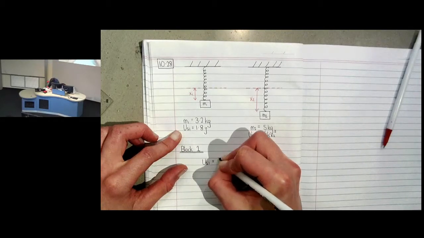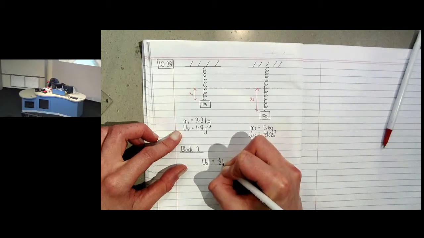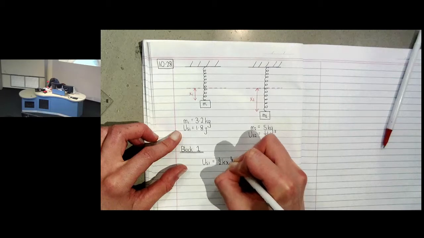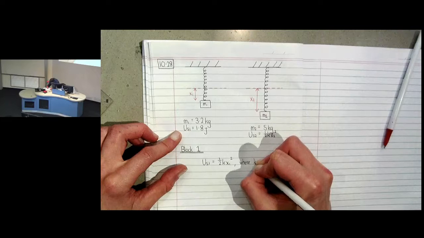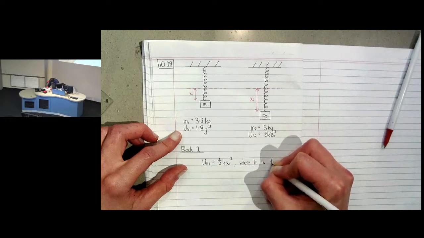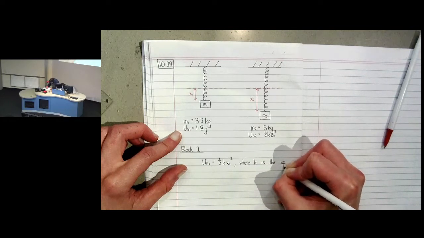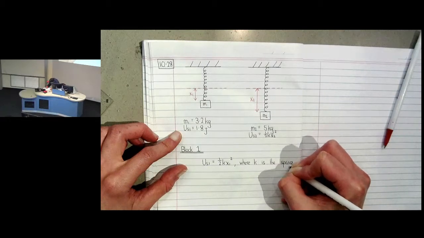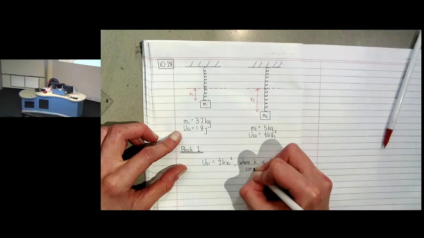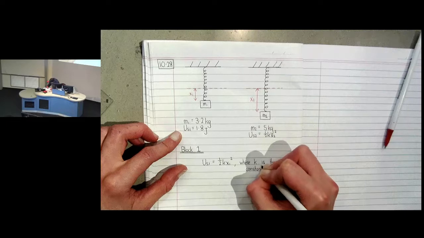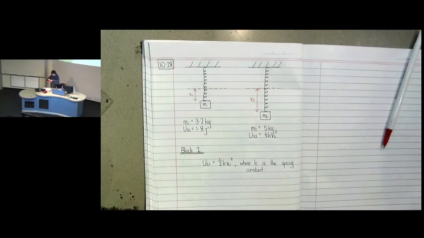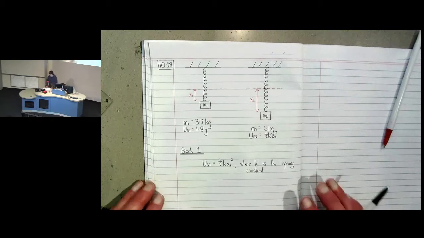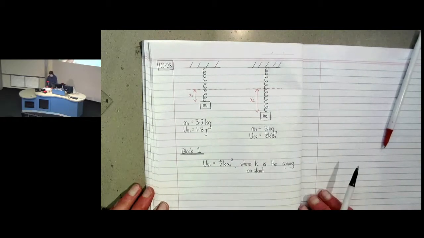So that is given by a half times k times x1 squared, where k is the spring constant. And so we know this, but we don't know k and we don't know x1. So we've got one equation with two unknowns in it, so we need another equation before we can solve for either of these two.